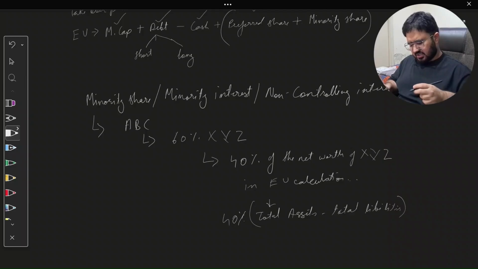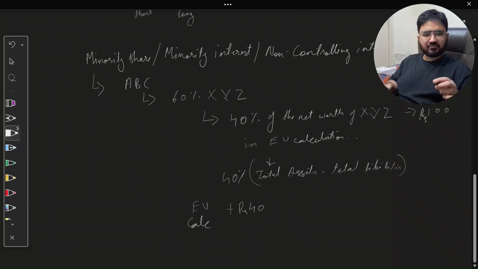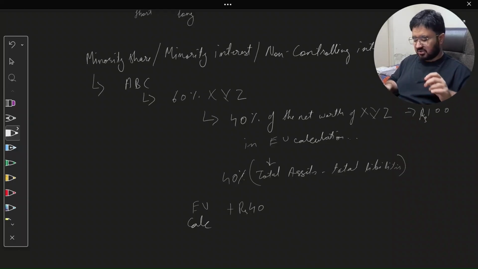So let's say the net worth is 100 rupees, of course, that's a hypothetical example. So 40% of 100 is 40, which should be added in the enterprise value calculation. Okay, I hope you get it. It's a bit complicated, that's why I've covered it in the end.